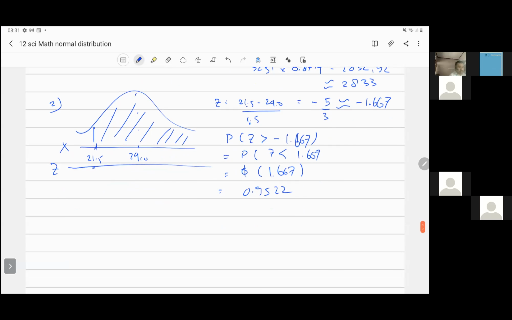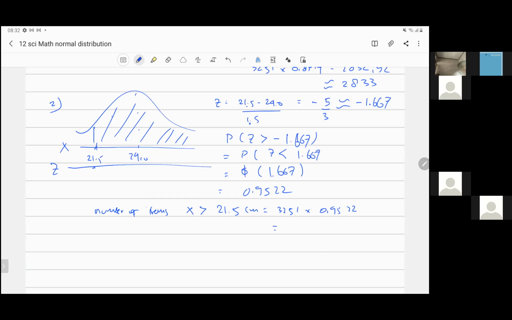So the number of x more than 21.5 centimeter is the total number, 3251, times the proportion 0.9522.